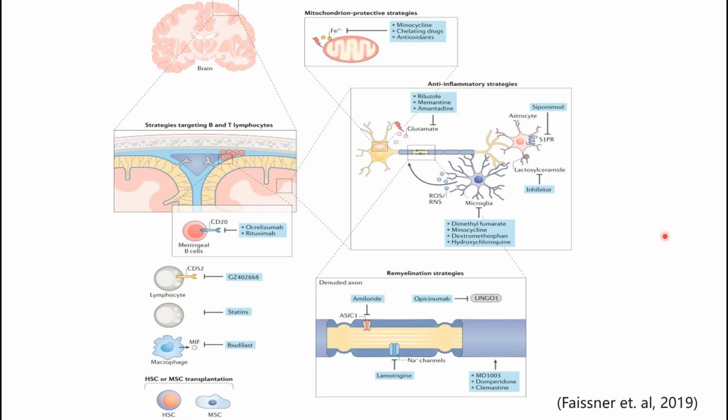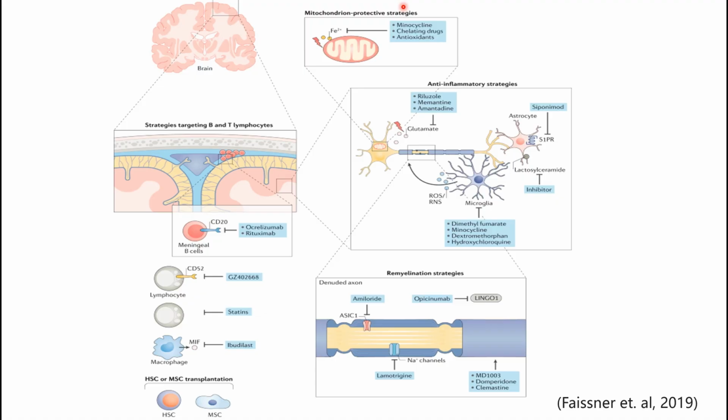In this image, we can see there are different categories that treatments could be focused on, such as mitochondrial protective strategies, which target oxidative stress and mitochondrial dysfunction in neurons. Then there are also strategies targeting B and T lymphocytes. In this category, the goal is to suppress the autoimmune attack on myelin so that demyelination doesn't occur.